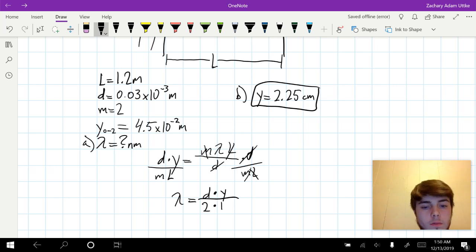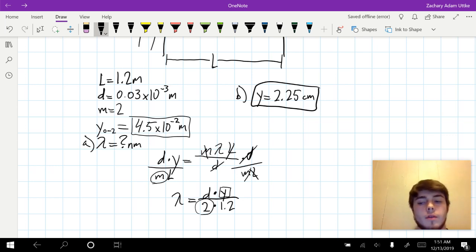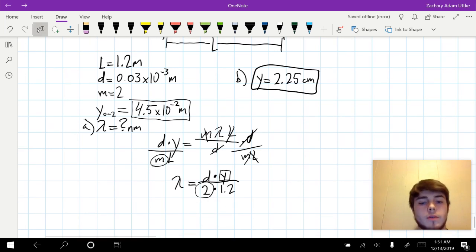So 1.2. If we're going to use m equals 2, we then have to use the fringe height of the second brightest fringe, m equals 2.